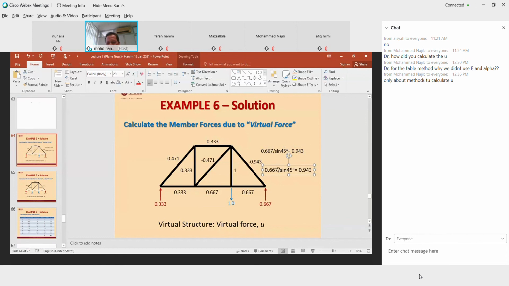0.667 multiplied by the length of AB, the length of this slanting member. This slanting member, the length is equal to 3 times 1.412, divided by 3.